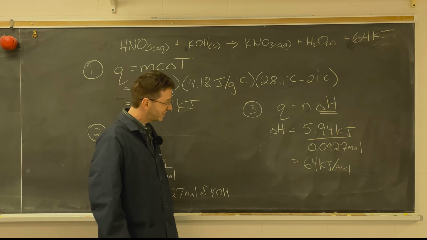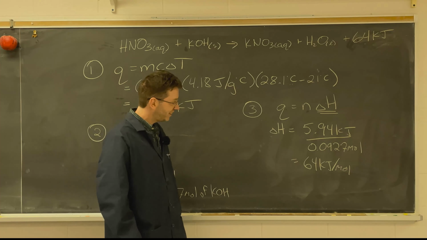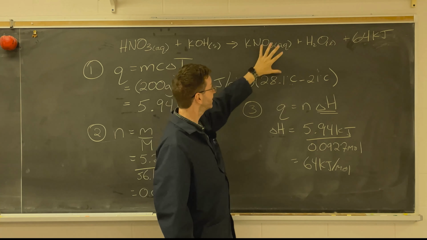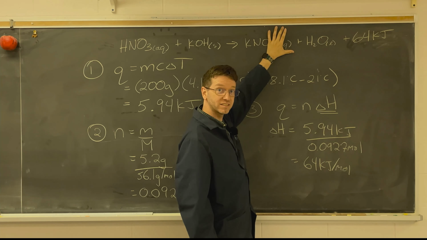All right, now last thing I just want to note is that even though I calculated this to be 64, typically when we calculate the change in enthalpy of a reaction, it's always products minus reactants. So in an exothermic reaction, you have less internal energy in the products.